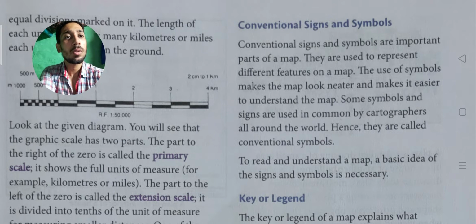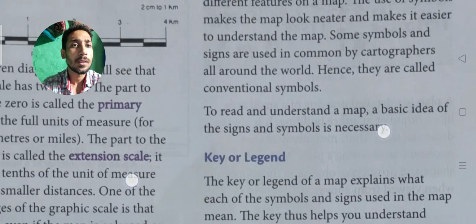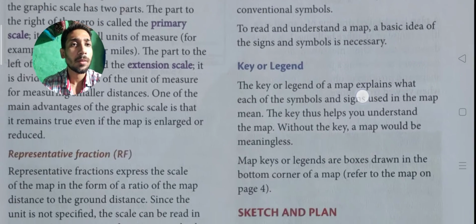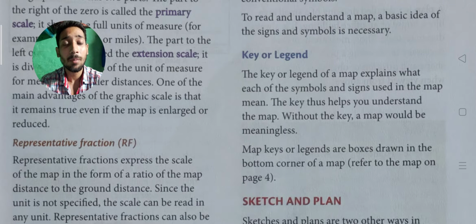Thereafter we are going to start with the key or legends. As I explained in my previous class, the key or legend of a map explains what each symbol and sign used in the map means.